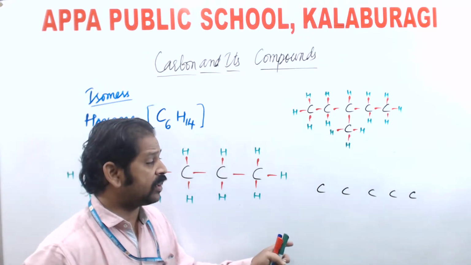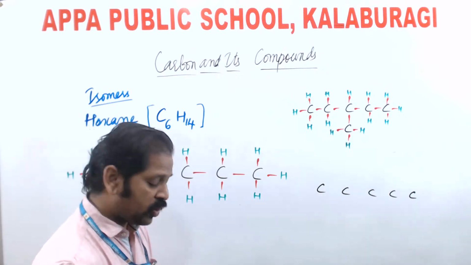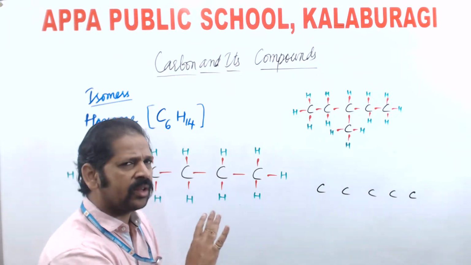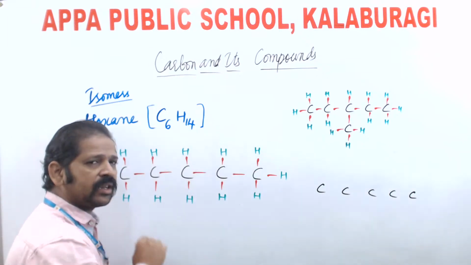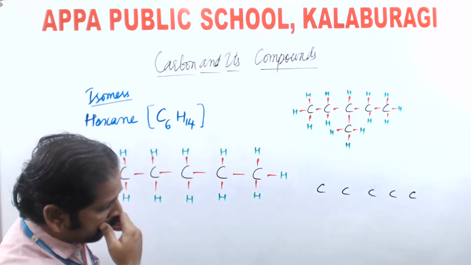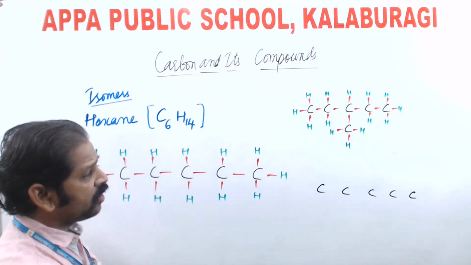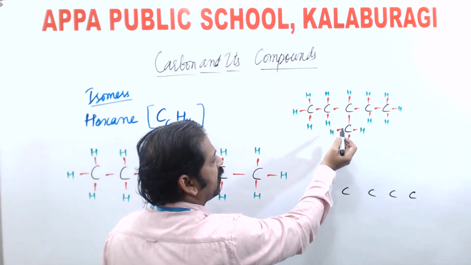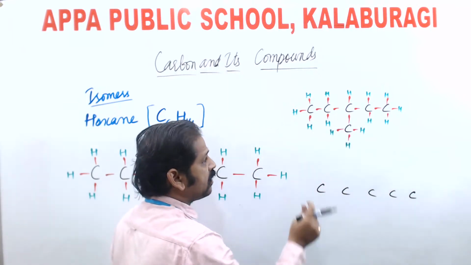Even here we get a positional isomer, because these have different names. I'll tell you the names of these chemicals. First I'll write the structure, then I'll show the names. Here the number of carbons in the main chain is 5.